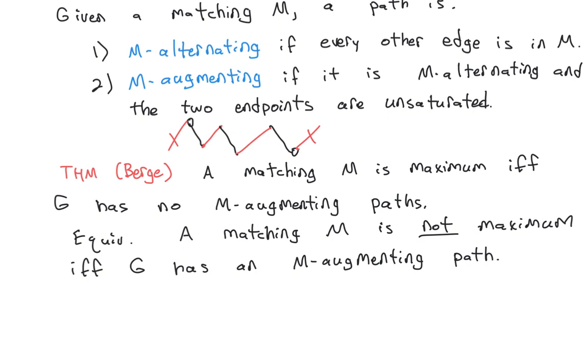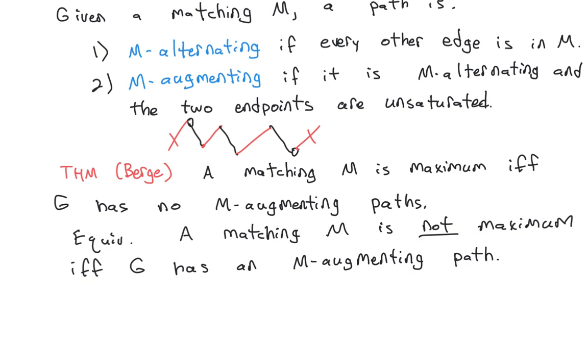And yes, that's the reason why this forms the basis of most algorithms for finding matchings. The algorithms start with an empty set and just start throwing in edges and then start looking for augmenting paths. And then if it can't find any, it concludes that the matching is maximum.